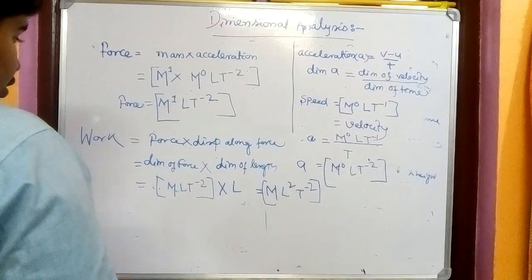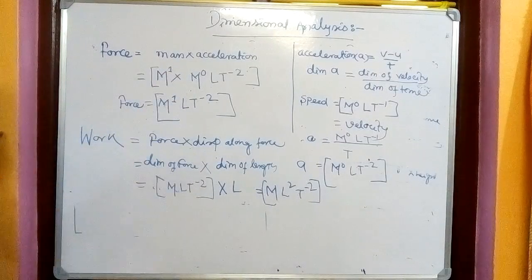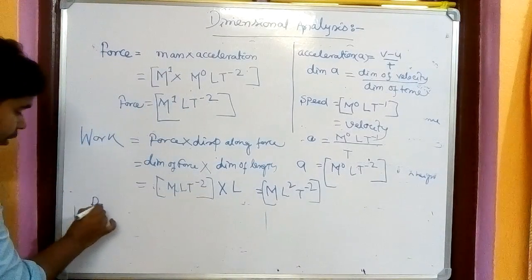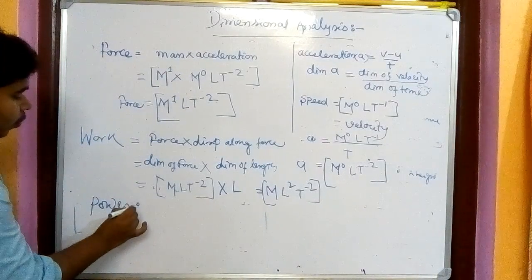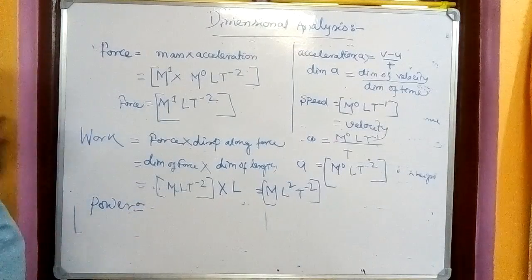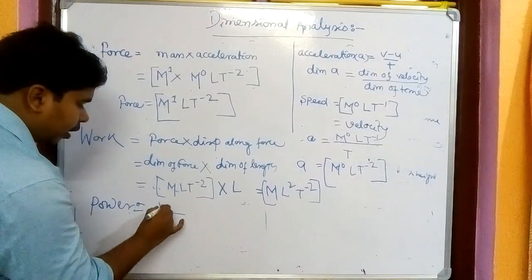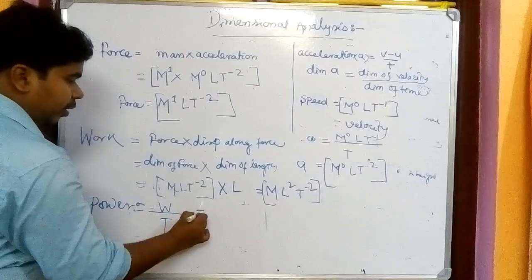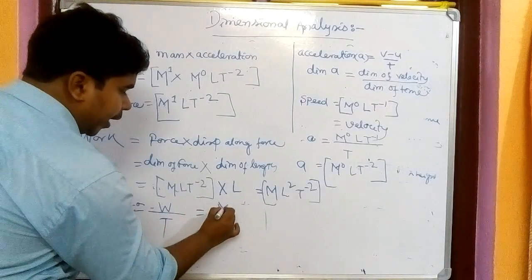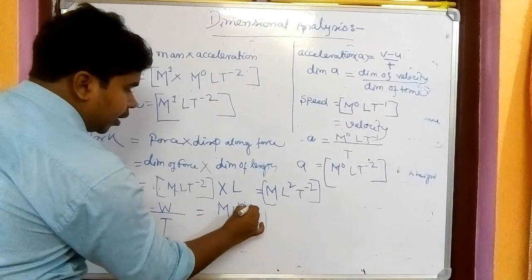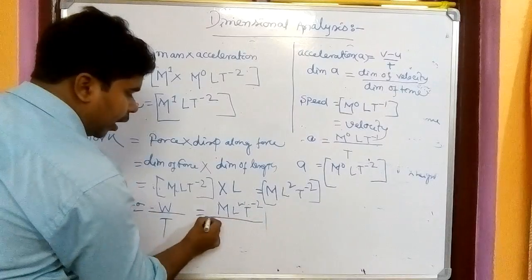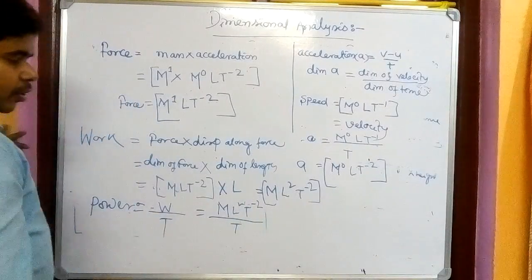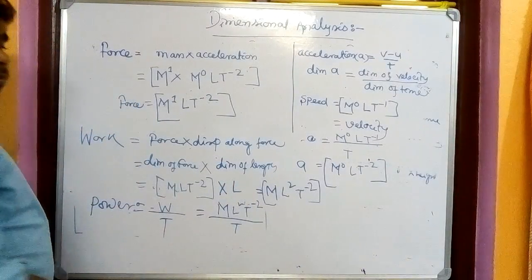Now, if you are told to find out the power, previously we have done power equals to... what is power? Rate of doing work. That means W by T. So W by T means the dimension of W, [M L² T⁻²], divided by T. So the T comes as T to the power minus 3.